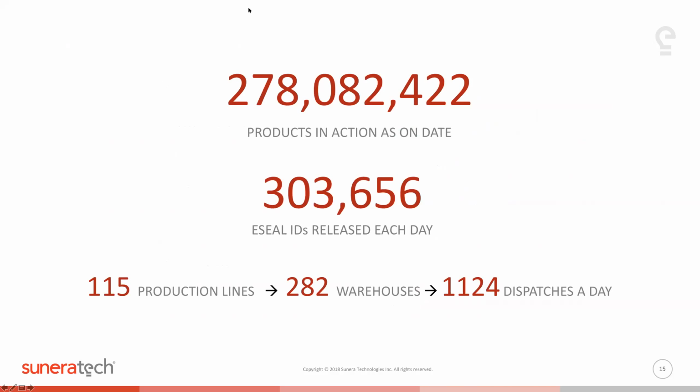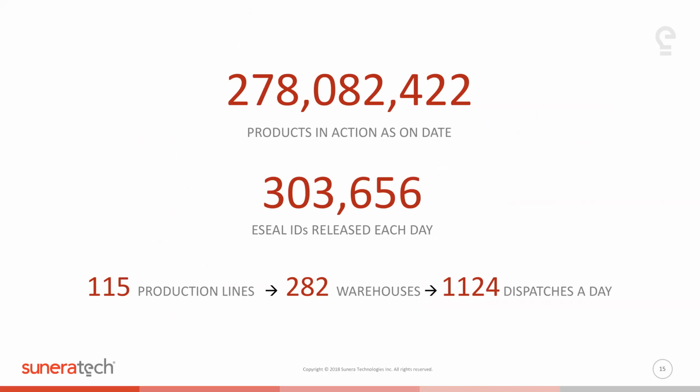as of today, close to 300 million products across the world are being tracked by the eSeal solution. On a daily basis, we issue about 300,000 eSeal IDs to various products across these companies that I talked about.